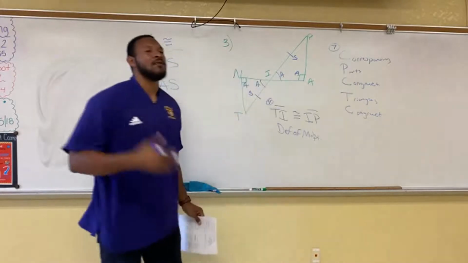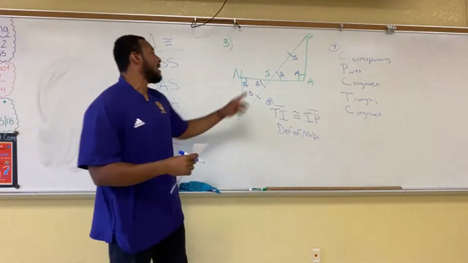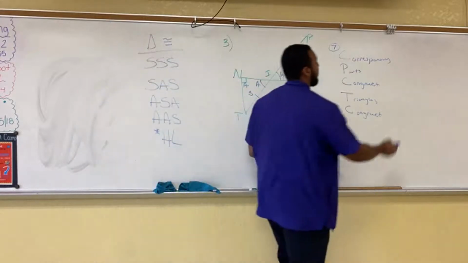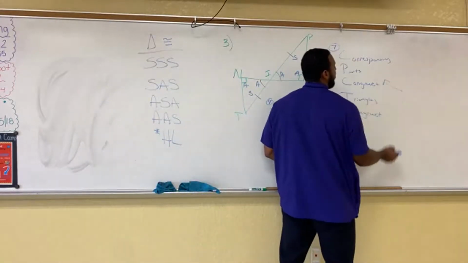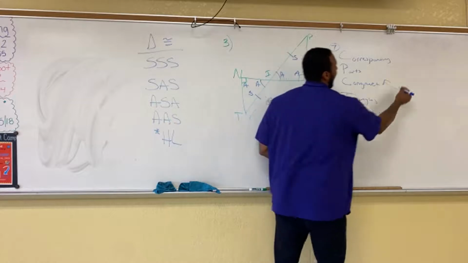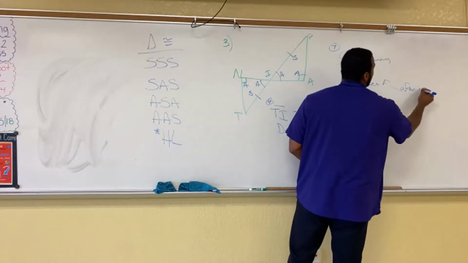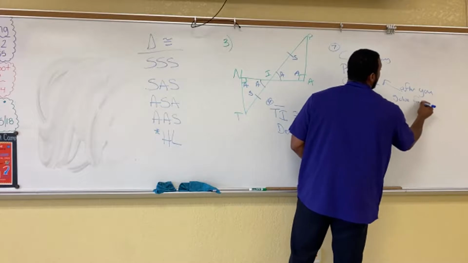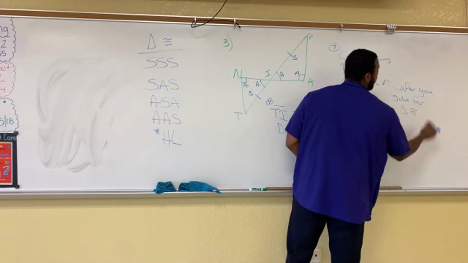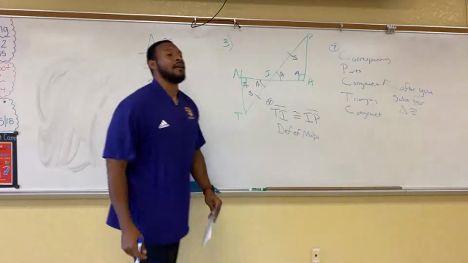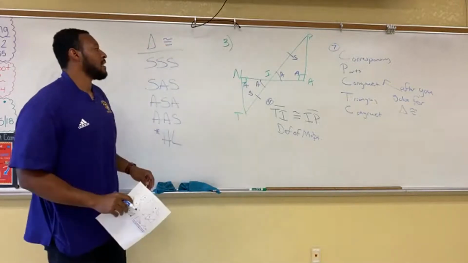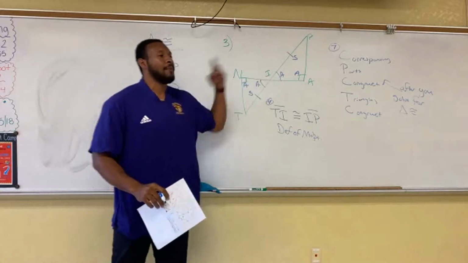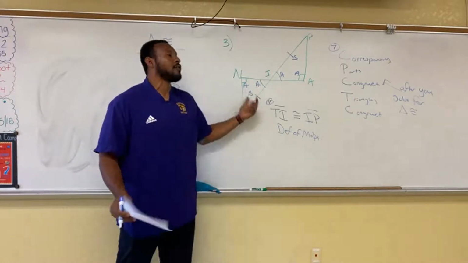The reason why you can say that NI and AI are congruent is because, and I like to use this little saying as a cheat sheet, you use CPCTC after you solve for triangle congruency. Use this after the fact. Like my man said, we figured out the triangles are congruent, so the other parts have to be congruent.